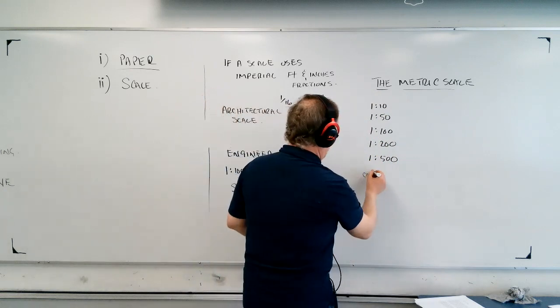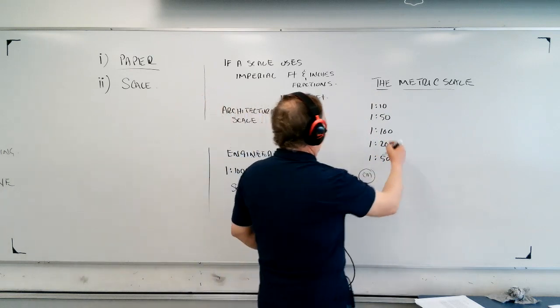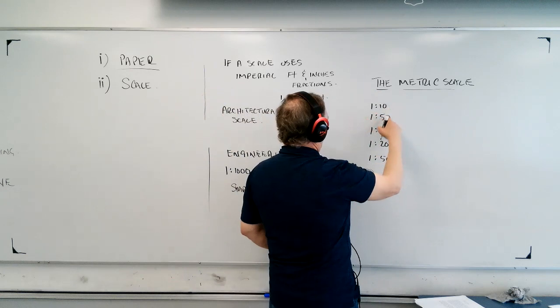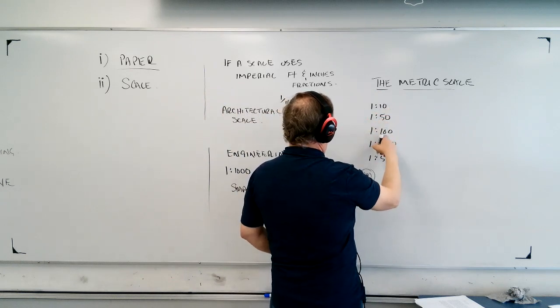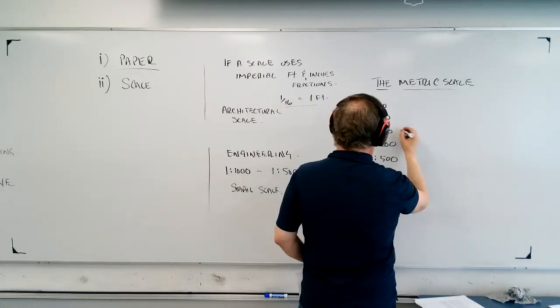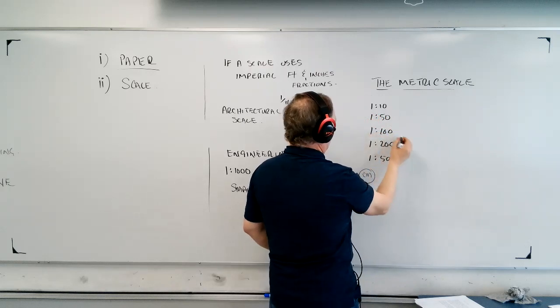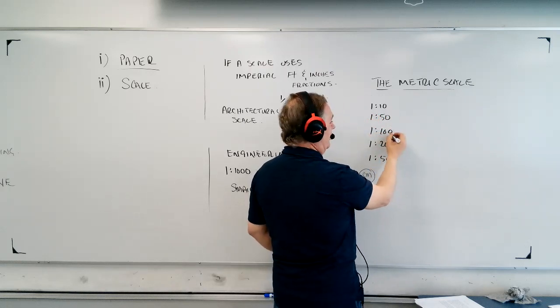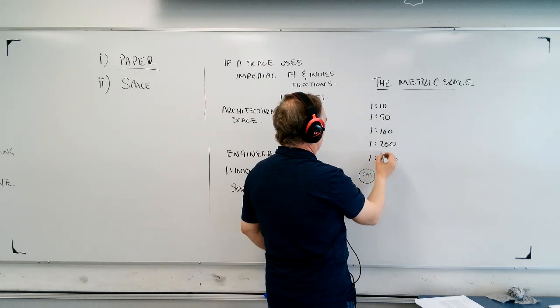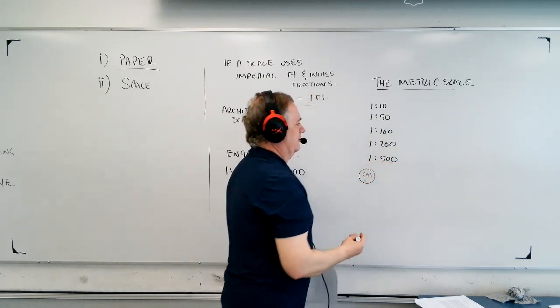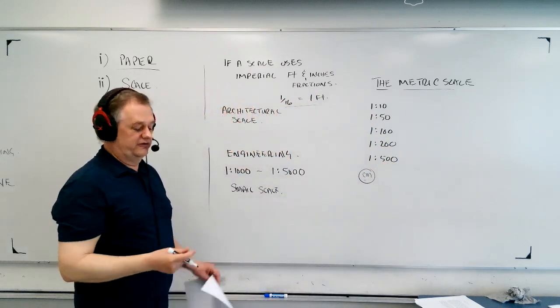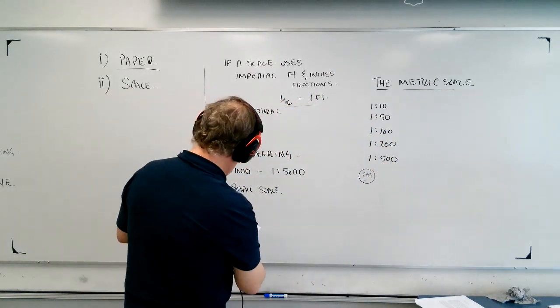So if you look at the 1 being a centimeter, then this is 10 centimeters, 50 centimeters, 100 centimeters, which would basically be 1 centimeter equals a meter. This would be 1 centimeter equals 2 meters. 1 centimeter equals 5 meters. And so you can see that those are going to be pretty useful scales for us overall.